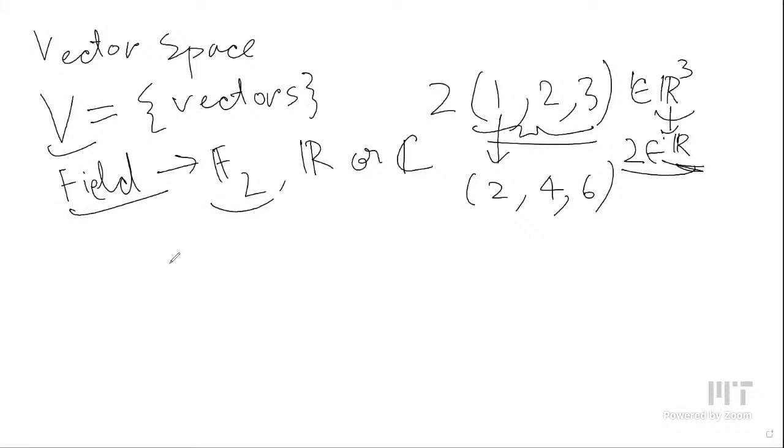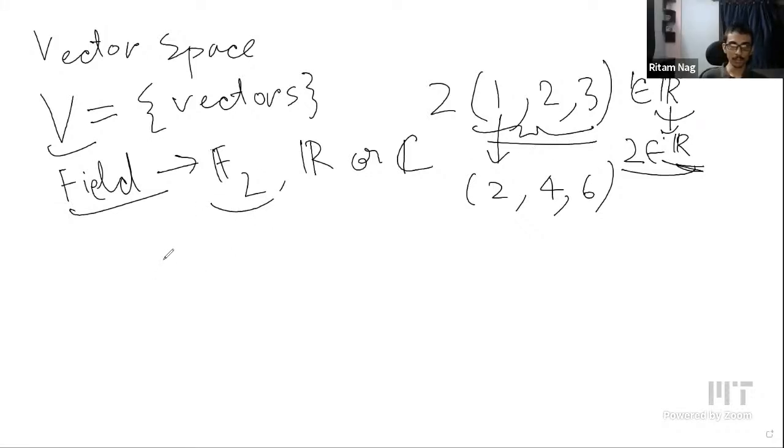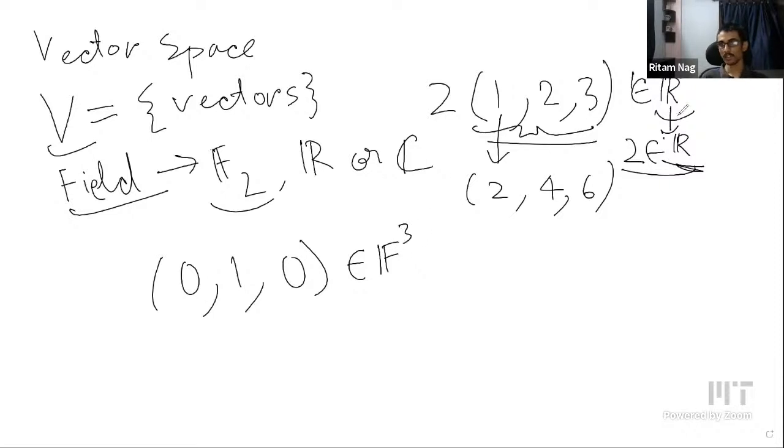Now, let's look at an interesting case. An example of a vector space over F2 would be binary strings of length 3, which are a good example of vectors. If this is a vector over R3, this is a vector over F2 cubed.